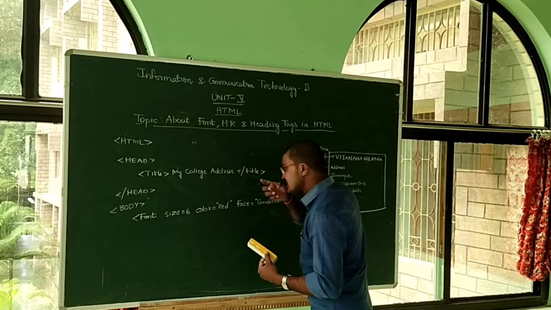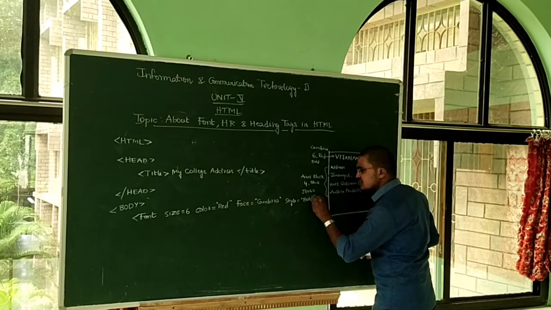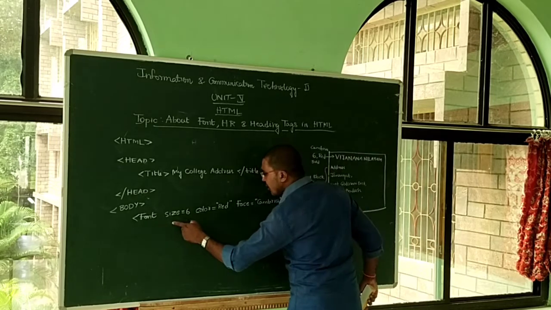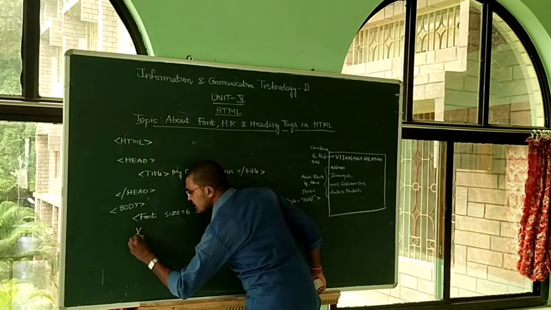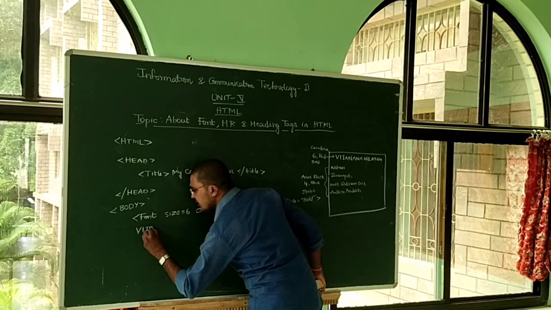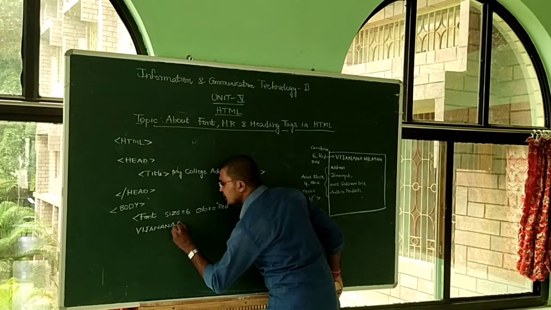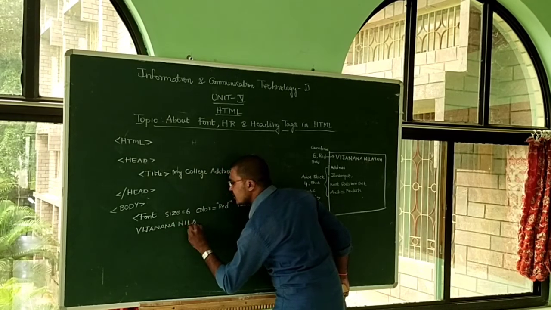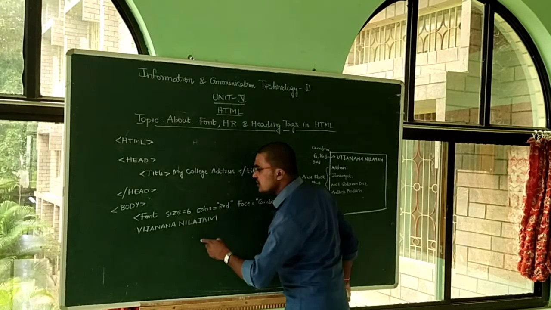Then it will close. First you finish this tag. Later all these characteristics are applied to the Vijnana Nilayam college text. Let us write the text Vijnana Nilayam. So what is happening at this time?